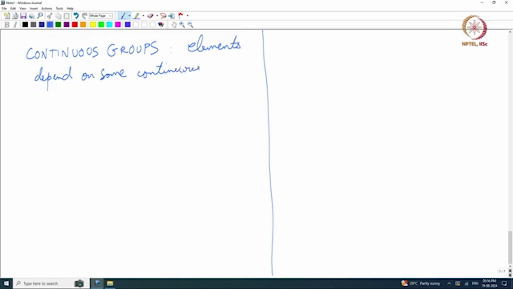What does that mean? I can use some continuous parameter like an angle and generate all the elements of the group. So, if I take an angle and use that angle to rotate around a vector, I can basically fill out real space with all the vectors possible, as far as rotation is concerned. So, that sort of a thing.